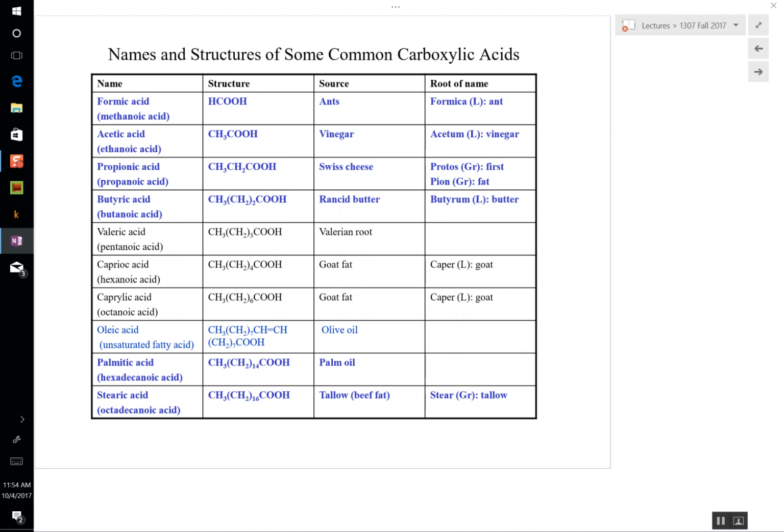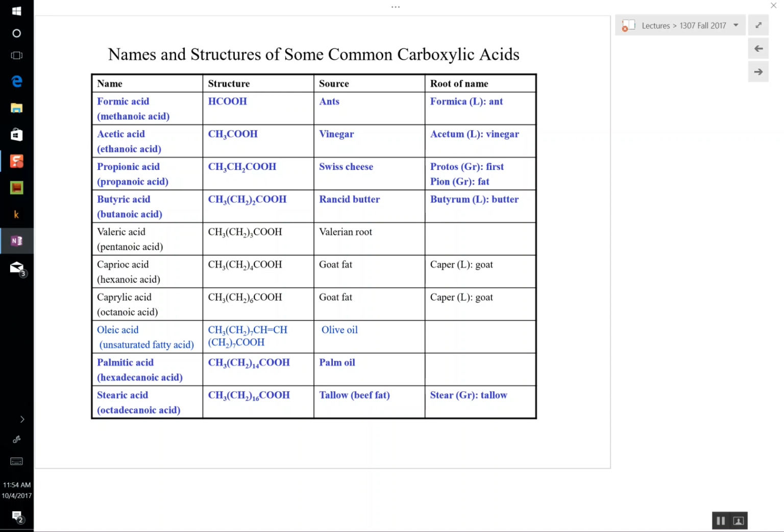So there's formic acid, acetic acid, propanoic is propionic, butanoic is butyric. So this is the IUPAC name, butanoic. This is the common name. So if butter goes bad, stays out, gets rancid, it's forming some butyric acid in it.